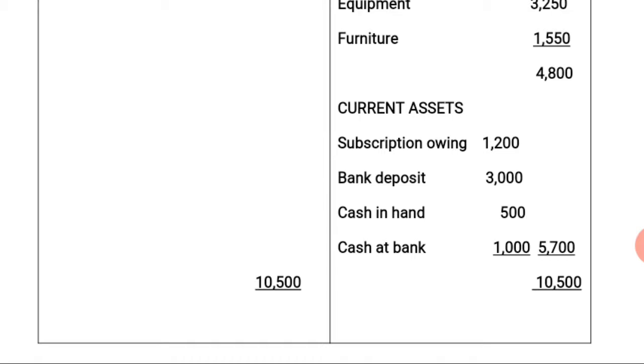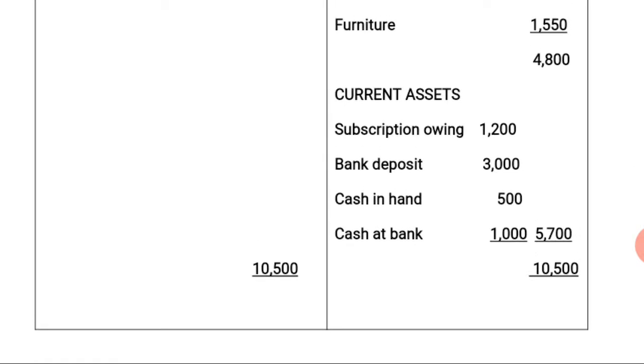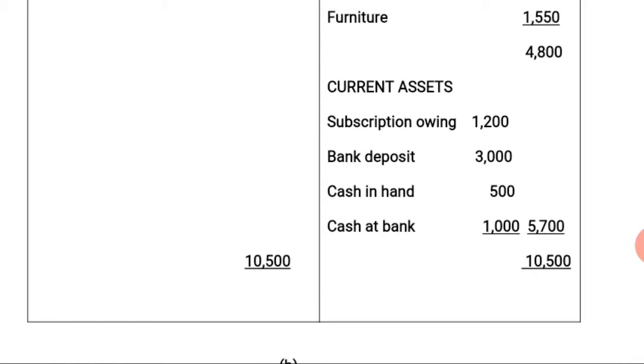We have the balance in the bank deposit account as at 31st December 2013, which stood at 3,000 naira. Then we have the opening cash in hand of 500 naira. That one is stated in the receipt and payment account, the first information in the receipt and payment account of 500 naira. Then we have the cash at bank as at the beginning of the year 2014, which stood at 1,000 naira in our receipt and payment account.